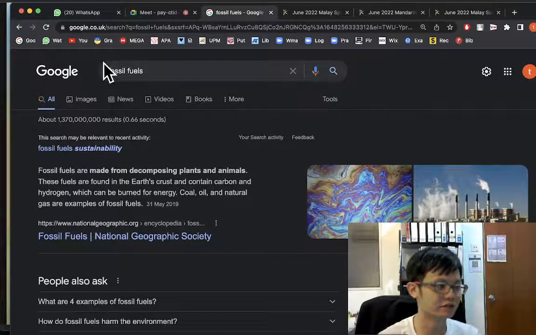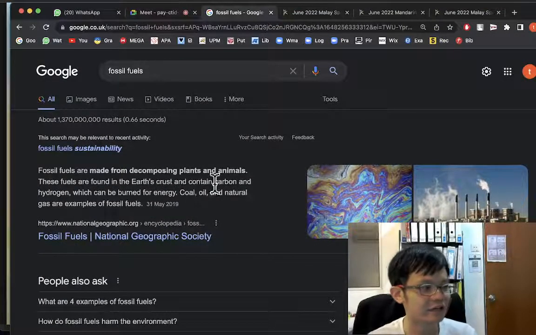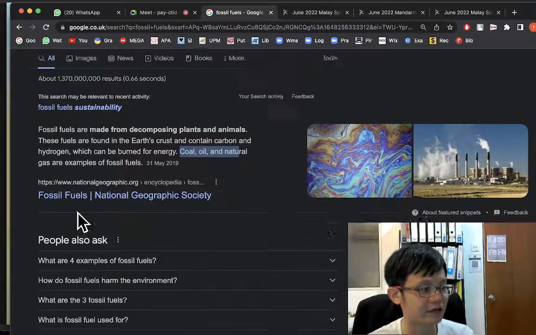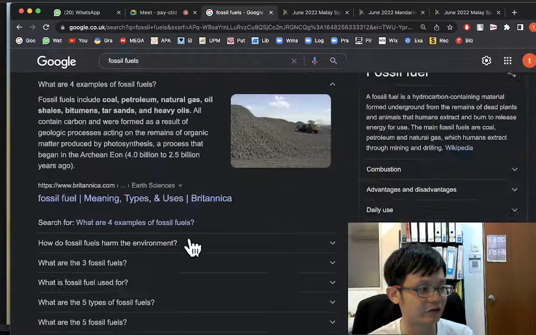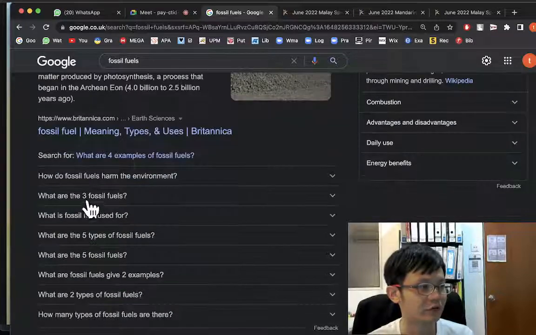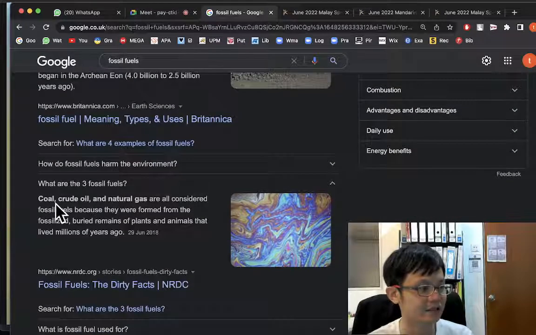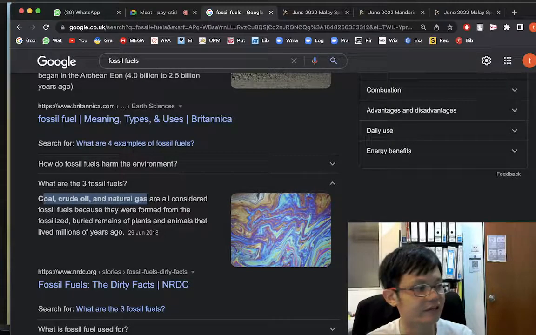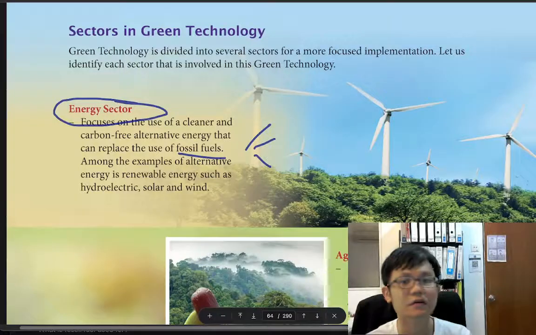Just Google fossil fuel. Earth crust contain carbon, burn coal, oil, or natural gas. What are the examples of fossil fuel? Or I just put 3, like usually for PT3 or SPM we just put 3, which is coal, crude oil, and natural gas.